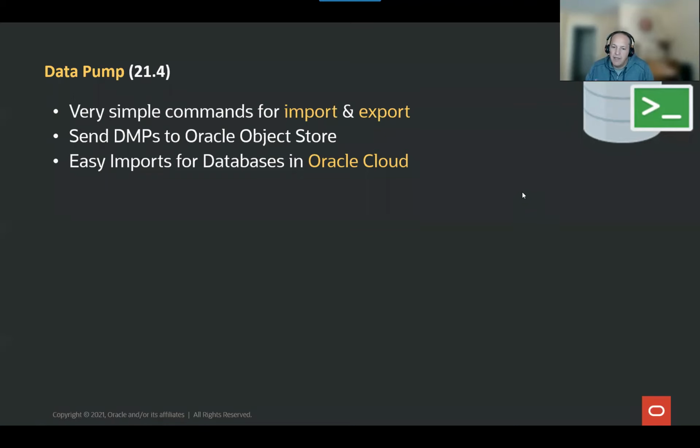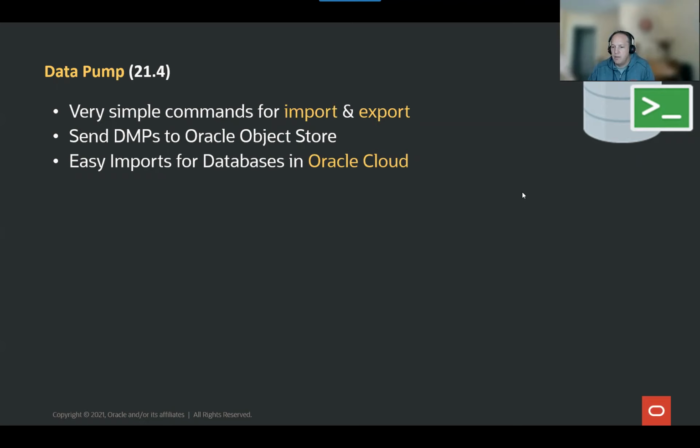And the idea is we want to make it as easy as possible for a development environment or even smaller production environments to say, hey, I'm connected in SQLcl, let me data pump this out. And then once I have that file, can you move it someplace, like say the Oracle Object Store, which is kind of like your S3 data bucket for all things in a cloud environment. And then we can just say data pump import and tell us which file it is.